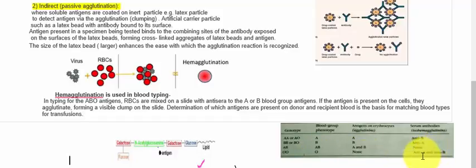Both the antibodies are present, anti-A and anti-B. So this is the hemagglutination reaction. This is the RBC. If a virus particle also attacks, then it is called viral hemagglutination. So they form visible clumping.